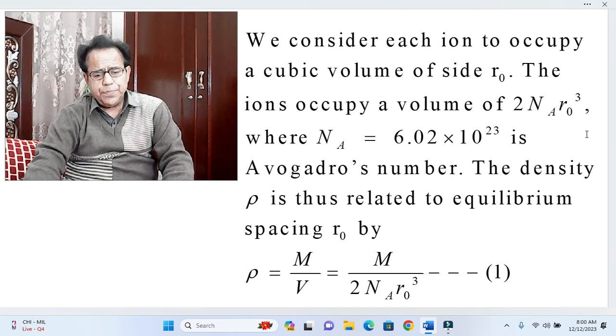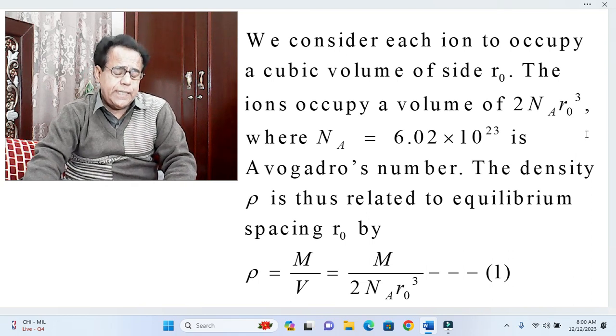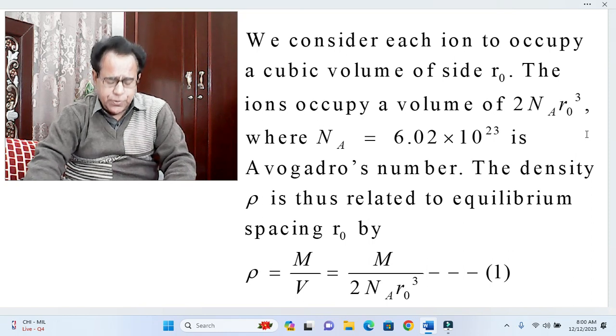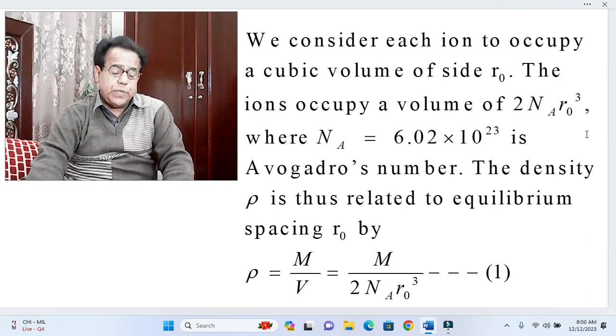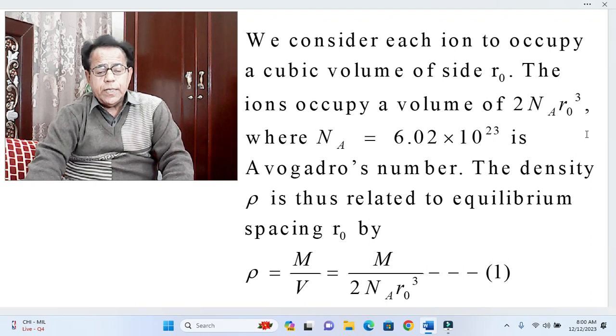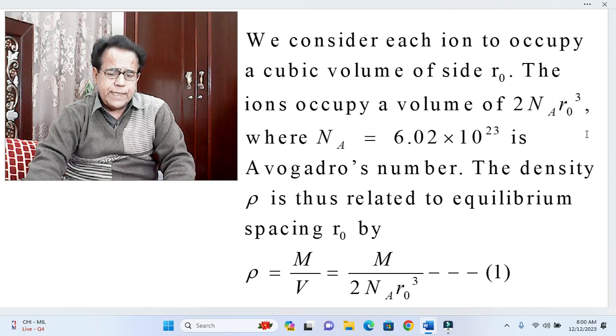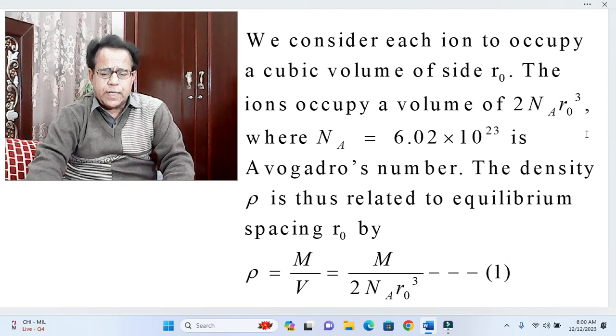First, a foundation is developed regarding the formula to be utilized in this problem for calculating the density of lithium chloride. As a foundation of this formula, we consider each ion to occupy a cubic volume of side R naught.